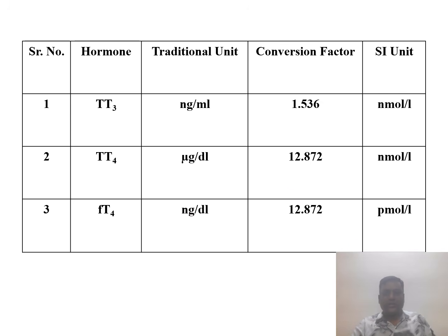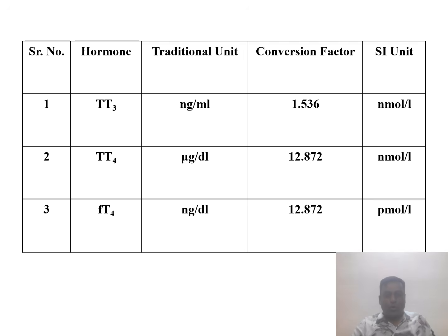So this is the simple formula for total T3. When we are getting the units in nanogram per ml, we need to multiply with the conversion factor 1.536. So the final answer we will get in nanomole per liter.